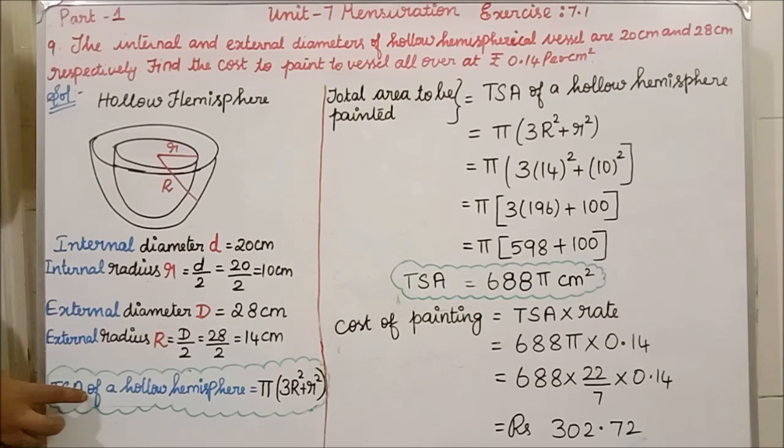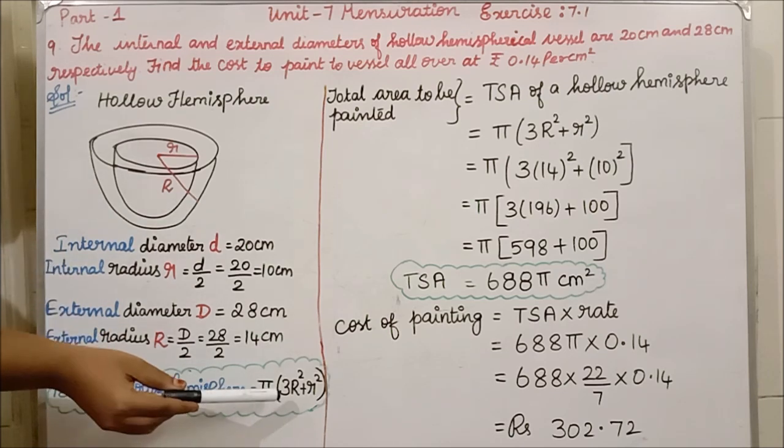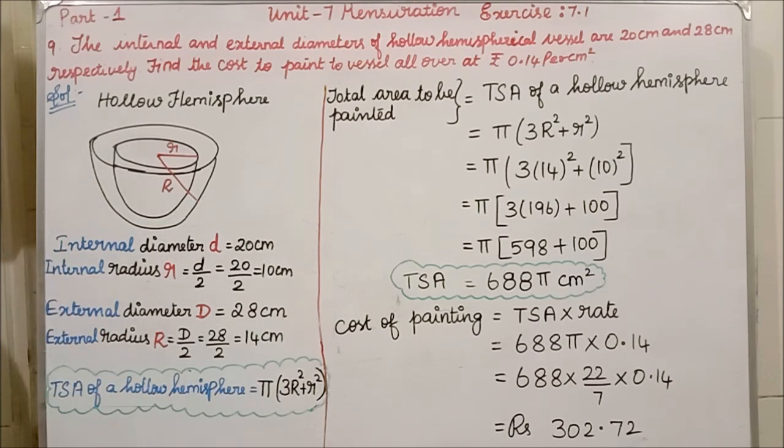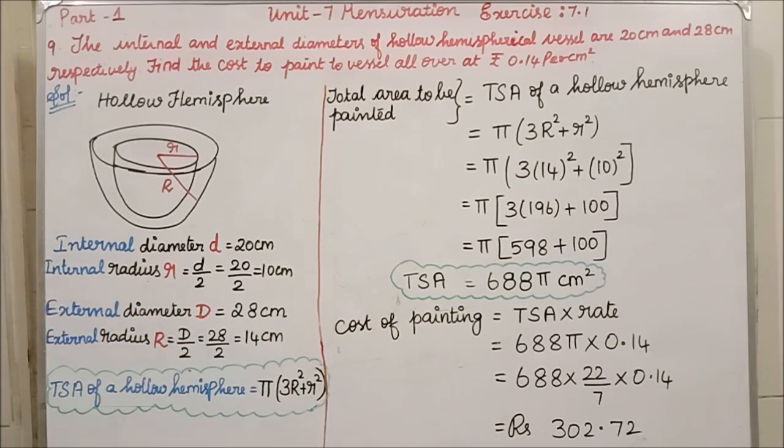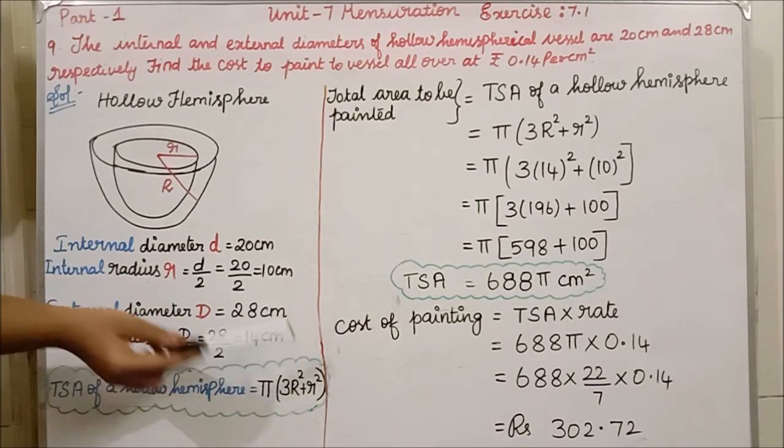Clear? The total surface area of your hollow hemisphere formula is pi into 3 capital R square plus small r square. Okay, tell me, the total surface area formula of hollow hemisphere is what? Pi into 3 capital R square plus small r square. Clear? Now we know what is capital R and what is small r.